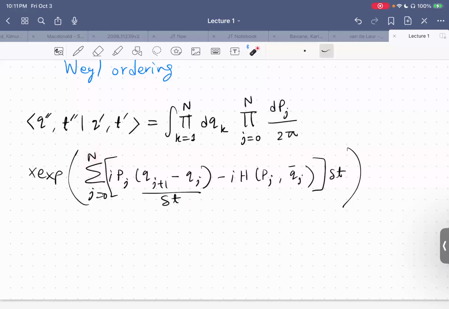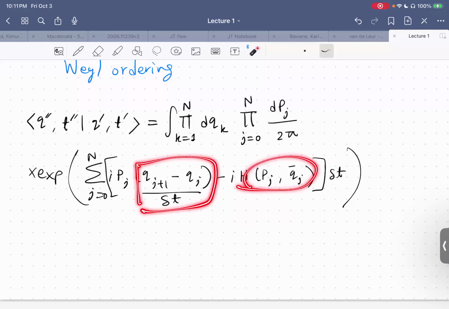There are n of these things, and we are going to take the limit that n goes to infinity, at which point delta t goes to 0. So these are the definitions that define integration from first principles. For this term, for example, you would just expect to get an integration over dt of the Hamiltonian. That's fine.